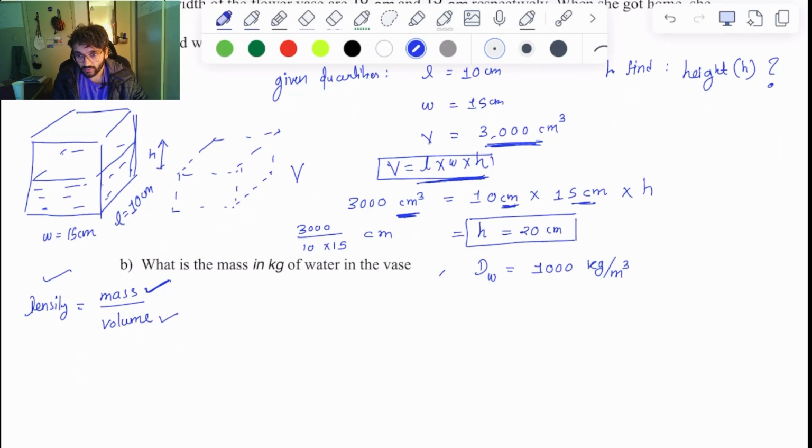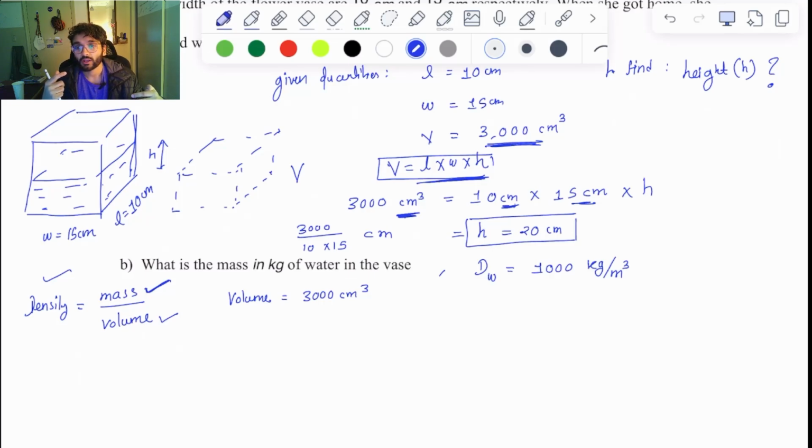So we're going to use this formula where density is equal to mass over volume, right? Volume is given to us, and that is equal to 3000 centimeter cube. I'll do this two ways. I will first convert this volume from centimeter cube to meter cube, because meter cube is the international system of units, and we really need to feel comfortable with this system of units.